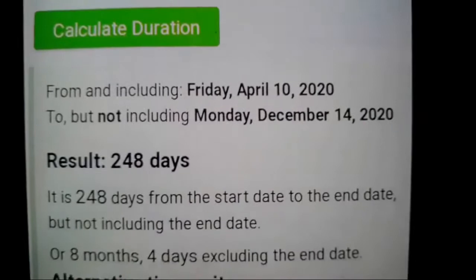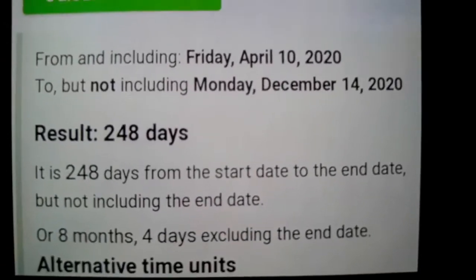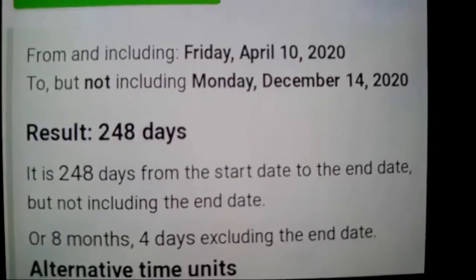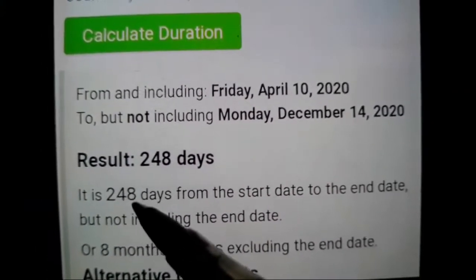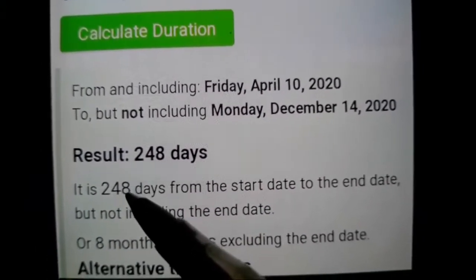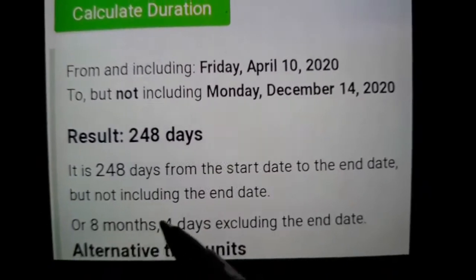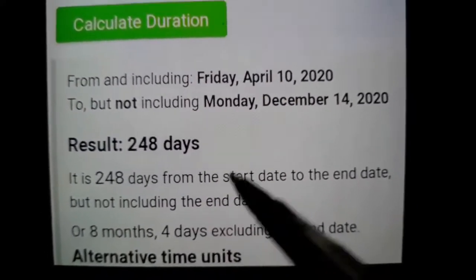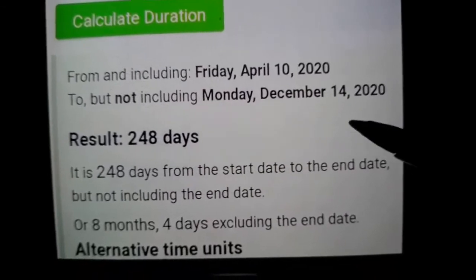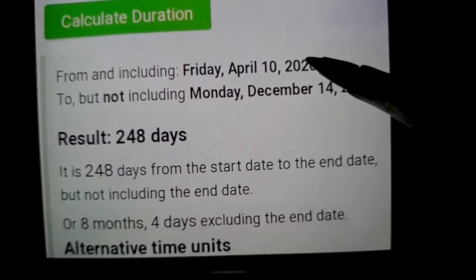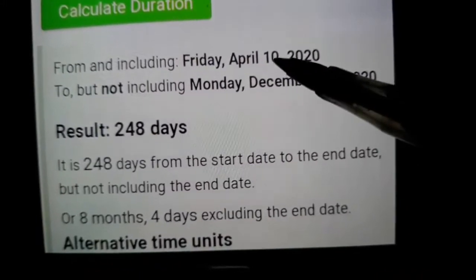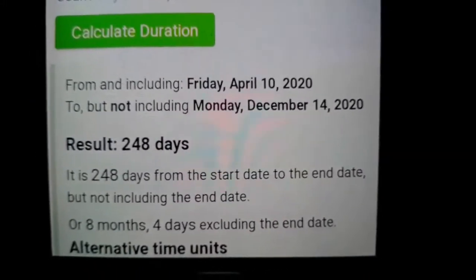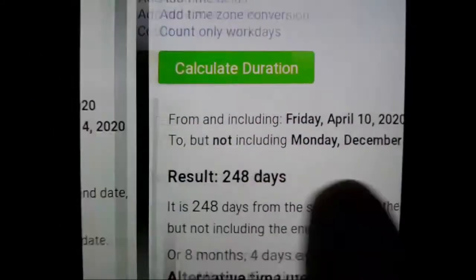Let's see. So you get 248 days, okay? Check this out. 248 days, not only do you have the 8-4 backwards right there, because I told you 8-4 is Obama's birthday, but look, you get 8 months and 4 days between Washington's death day and Vernon Presley's birth date, the day only. Okay? So 8-4 is what we're talking about here.